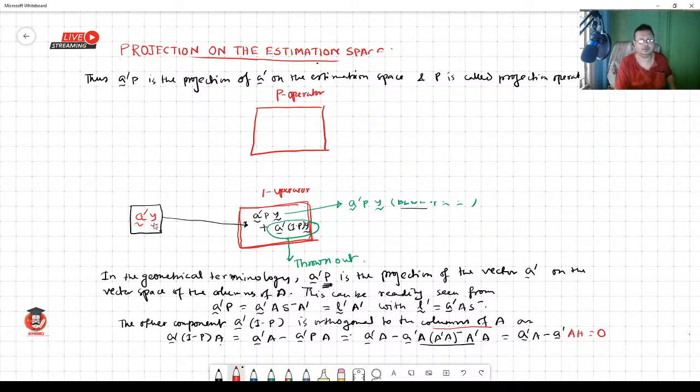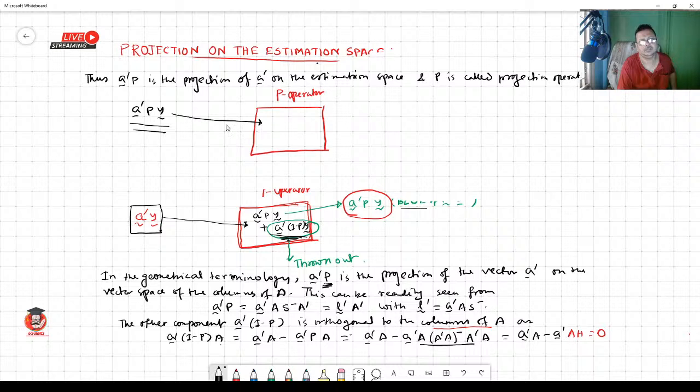From this you get this portion. Now if you enter this portion, because you threw out this portion A curl prime I minus P y curl, now you start with this unbiased estimator of lambda curl prime theta curl and check what happened.